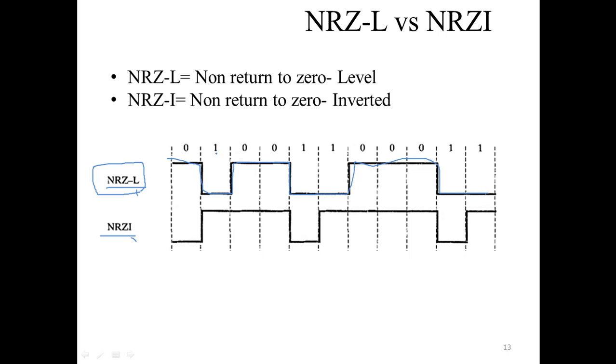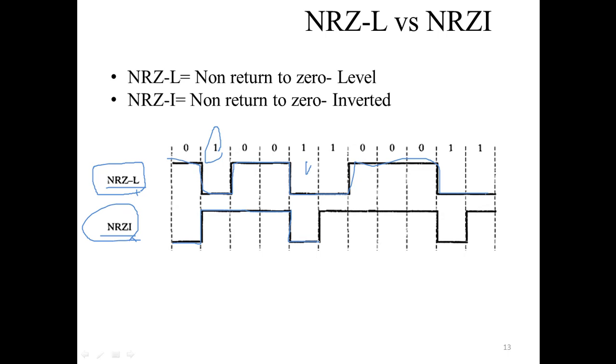But when it comes to NRZ inverted, you have to invert your signal whenever a 1 comes. So it was at level 0, and whenever a 1 comes, you invert the signal, and you continue that signal until you get another 1. You get another 1 here, so you invert, and you continue until another 1 comes in.